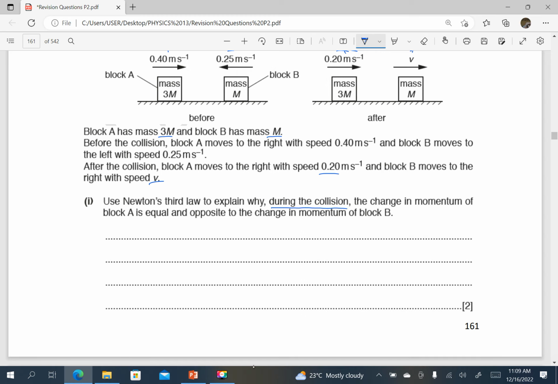So by Newton's third law, force on block A by block B is equal but opposite to force on block B by block A. We also know that force is the rate of change of momentum.